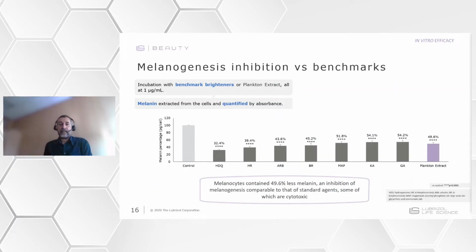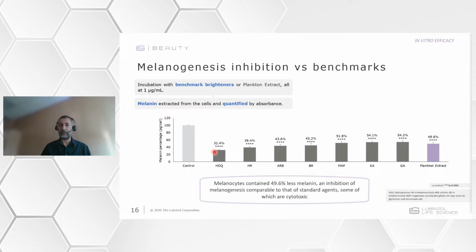So in the next experiment, we observe how the incubation of plankton extract can have a direct impact on the production of melanin. In that case, we also take human melanocytes and we incubate them with different benchmark brighteners, like, for example, hydroquinone, we have also arbutin, kojic acid, etc. The control is the amount of melanin that is naturally produced by the melanocytes, and it has been normalized to 100%.